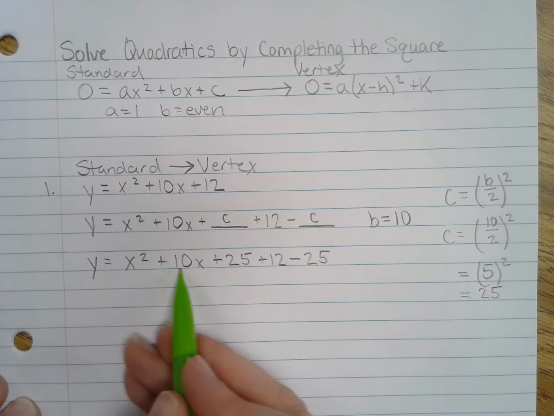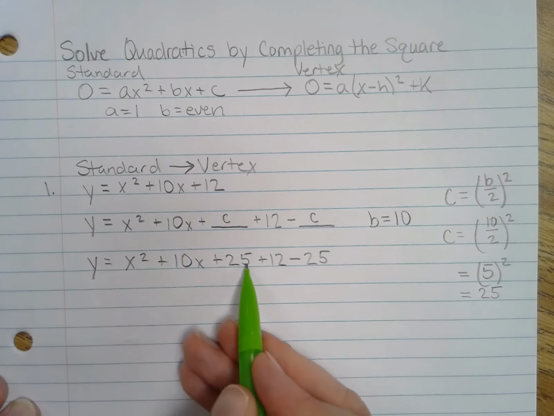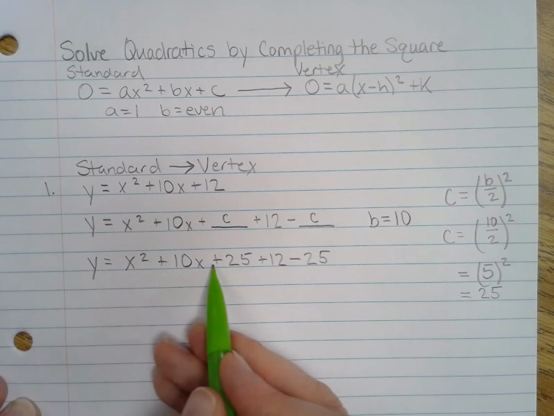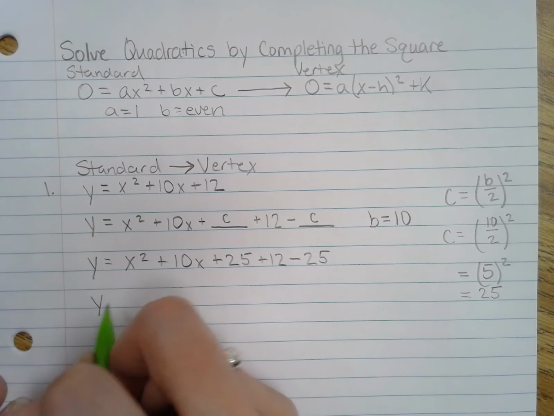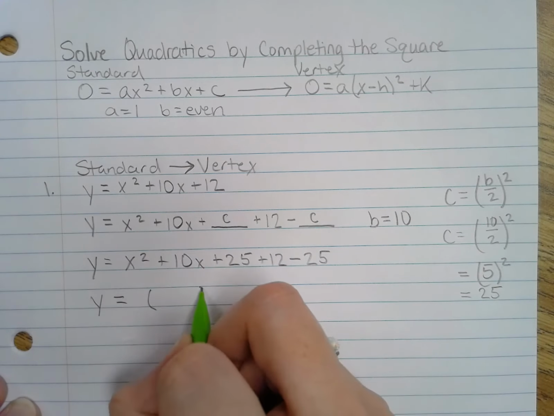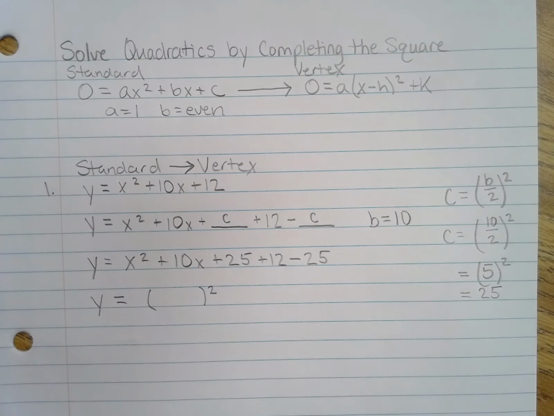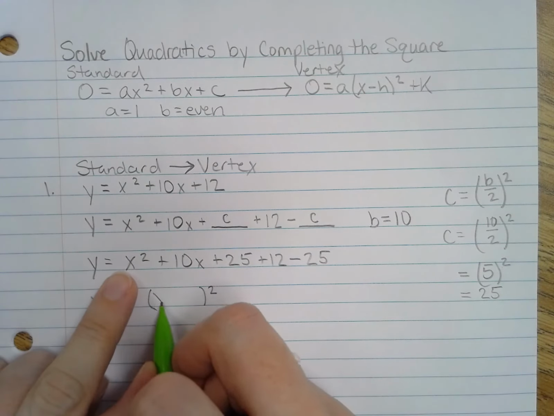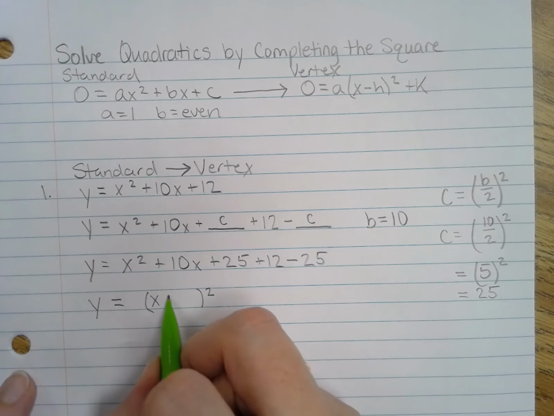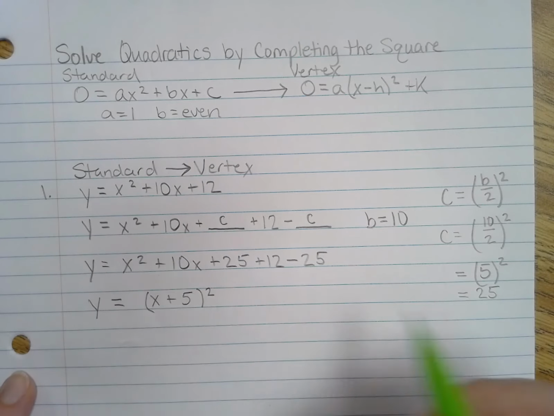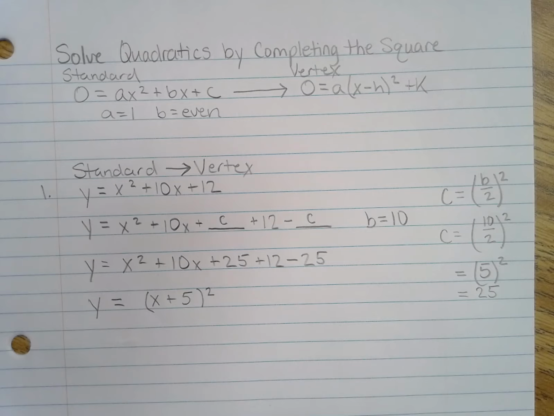So the first 3 terms now are a perfect square trinomial. We will factor this, and in factored form, we just write it as 1 parentheses squared. You could go through the process of factoring and get to this factored form, but just know that it's always going to be your x term and then half of your b. So that's where that 5 comes in.